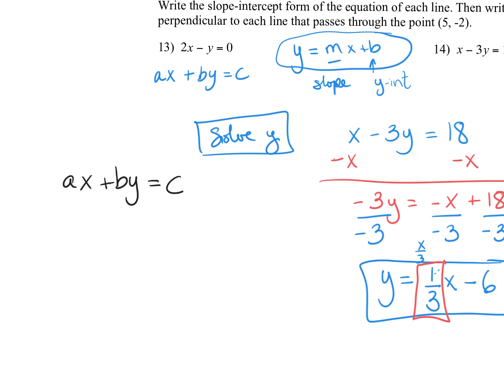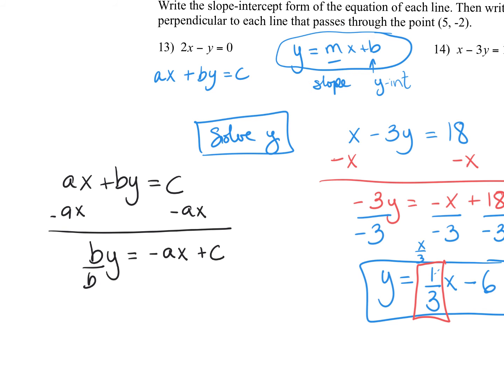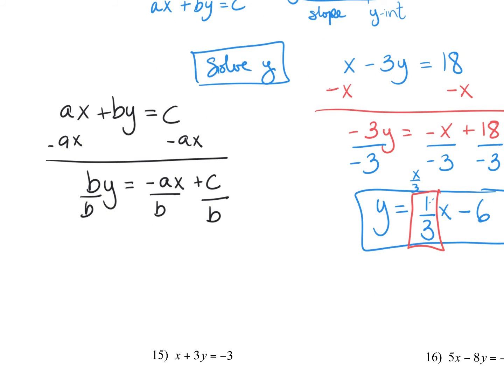So I'm going to do the exact same steps I did with my example 14. I'm going to subtract ax from both sides, leaving me with by equals negative ax plus c. And remember, we have to divide everything by b to get y by itself.